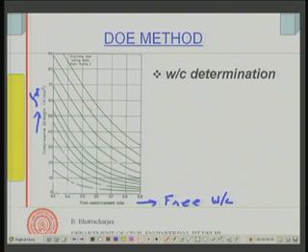It is the main function of water cement ratio, but other factors do affect, that is what we have seen, right. So, for each case all other things are constant. This corresponds to a particular set of ingredients, aggregate, cement, everything, and strength would vary like this.